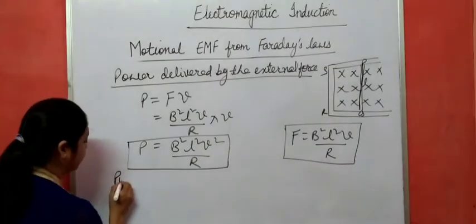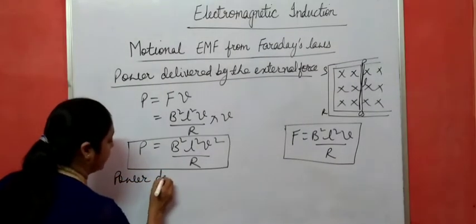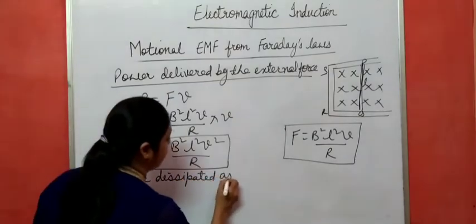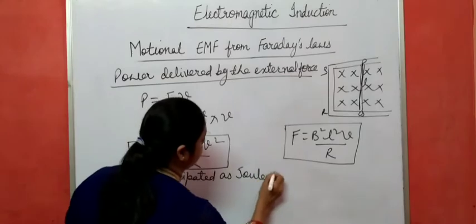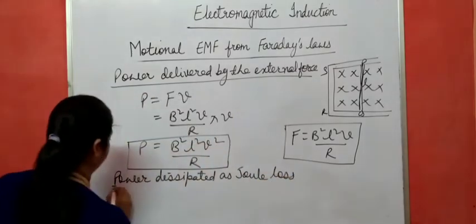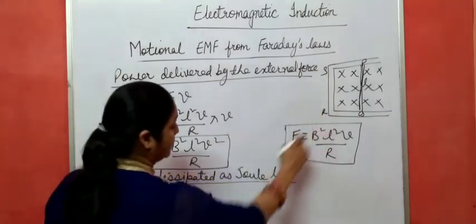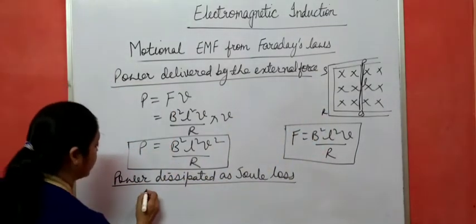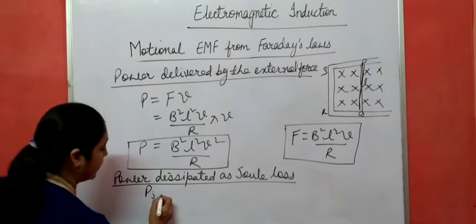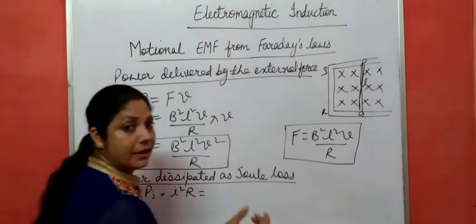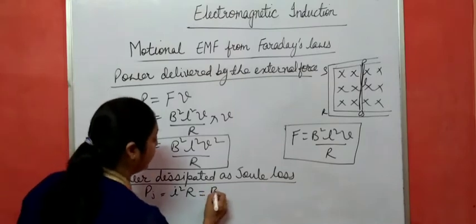This power is dissipated as Joule heating loss. The power dissipated in this loop as Joule heating loss is given by, suppose, P J equals I square R. And what is the value of the induced current?